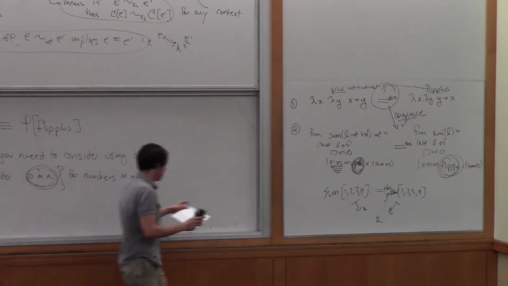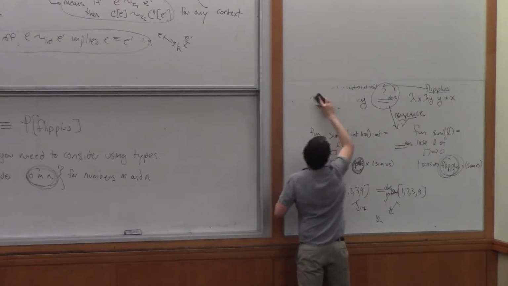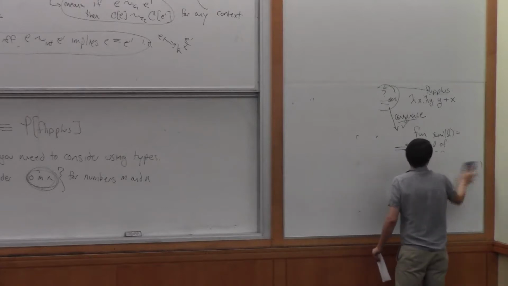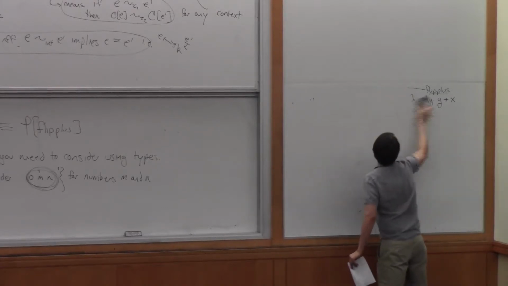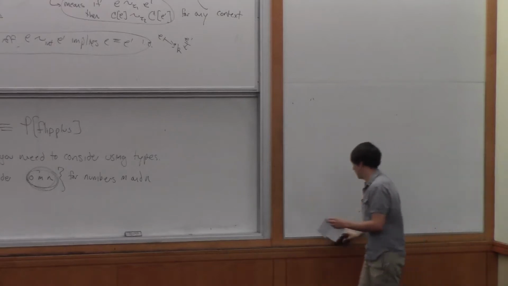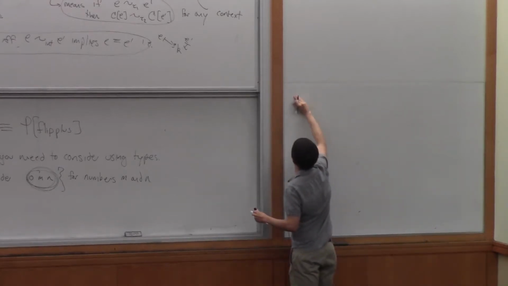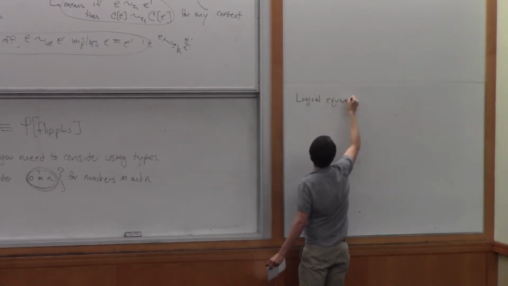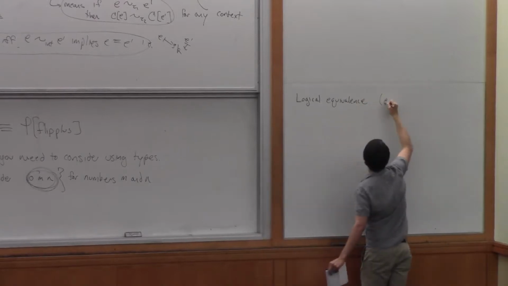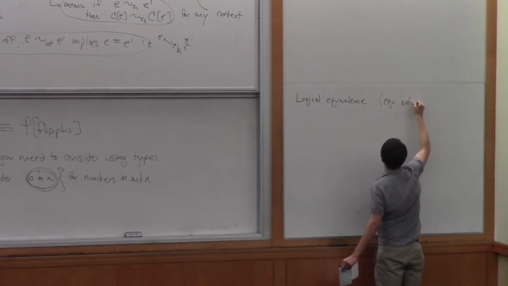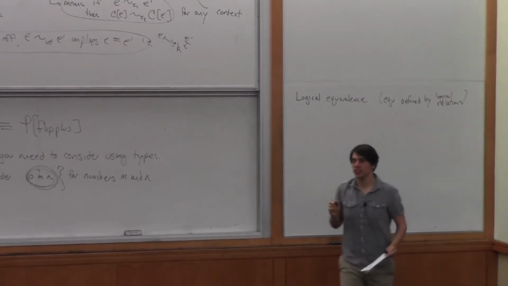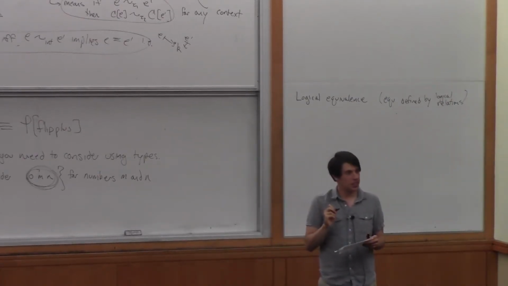And the notion that we'll introduce in order to do that is something called logical equivalence, which is essentially equivalence defined by this idea of logical relations that Bob used for termination in the previous lecture. So here's the idea.